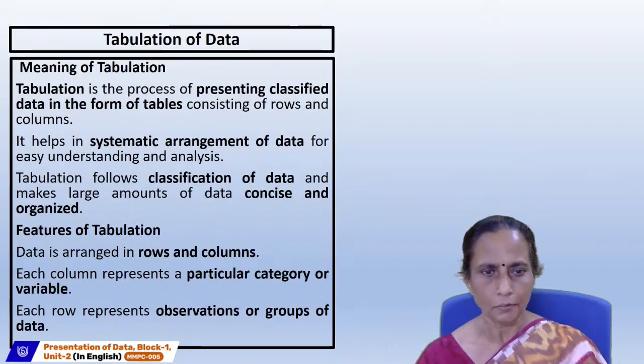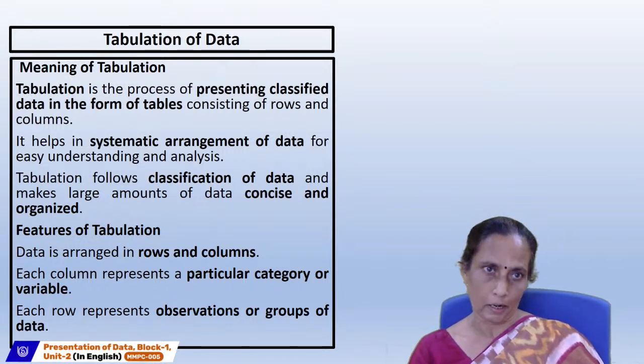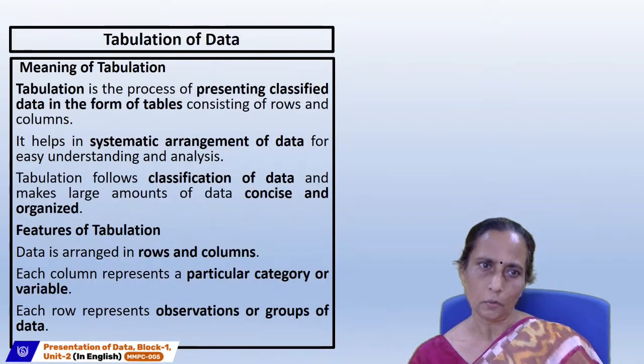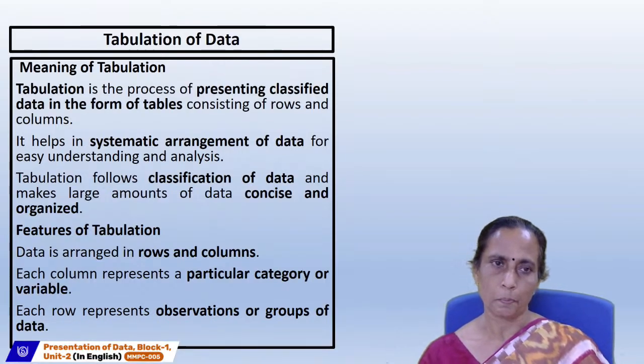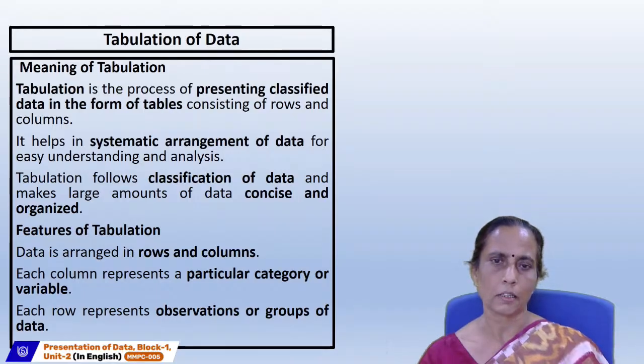So after classifying the data, we will be presenting it in a table. By tabulation, we mean the process of presenting classified data in the form of a table consisting of rows and columns. It helps in systematic arrangement of data for easy understanding and analysis.